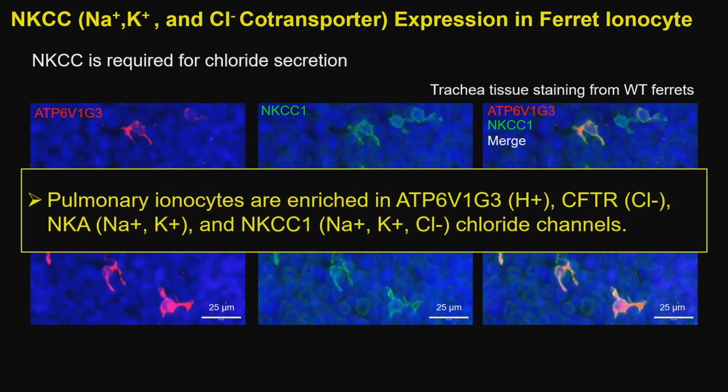So we came to the conclusion that pulmonary ionocytes are highly enriched in ion channels, the proton pump ATP6V1G3, and chloride transporters, the cystic fibrosis gene CFTR, and other ion transporters and chloride channels such as NKA and NKCC1.